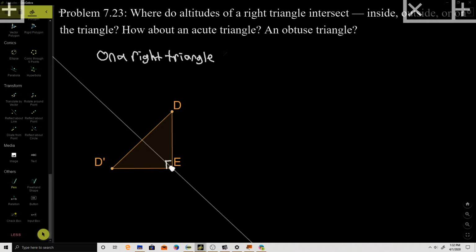On a right triangle, the orthocenter, well, let's be specific, it is the intersection of the legs of the triangle.